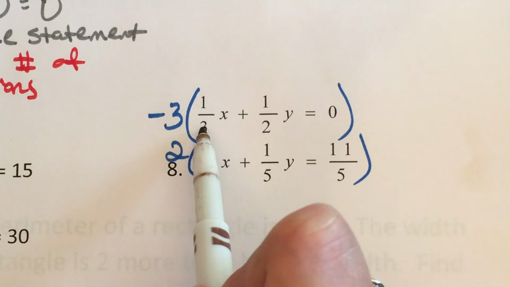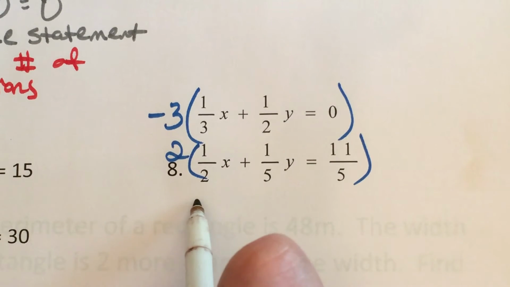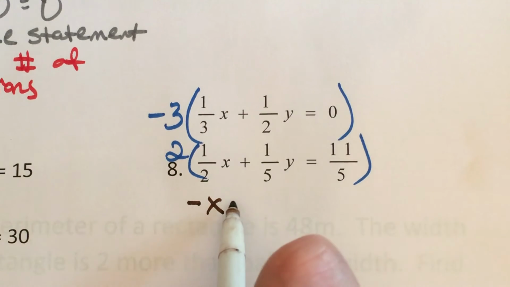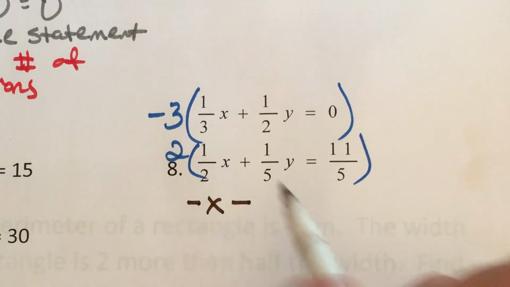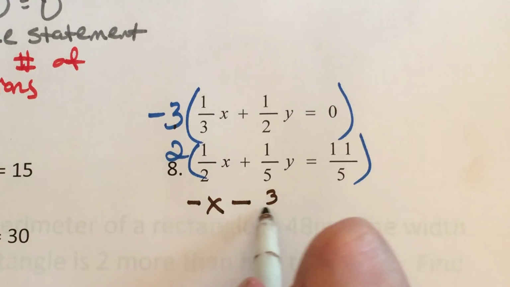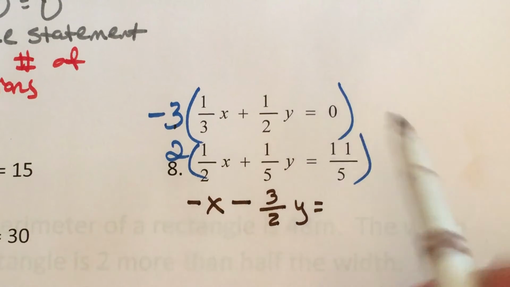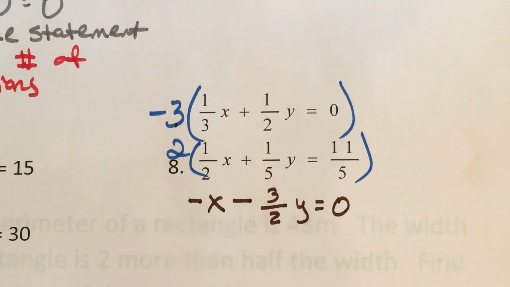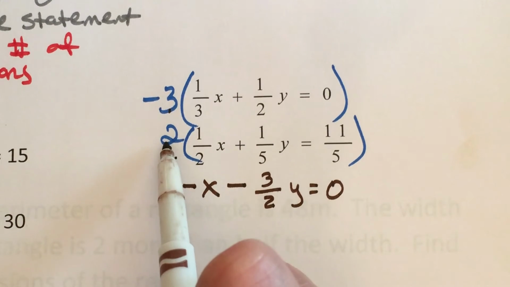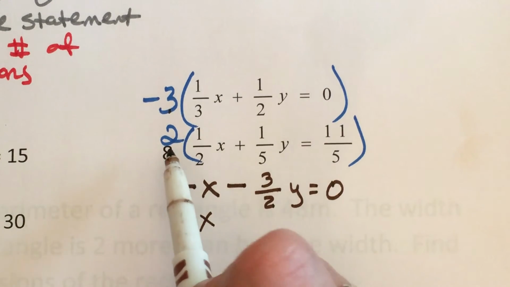Negative 3 times 1/3. It's just 3 divided by 3, so it's negative x. A negative times a positive is a negative. 3 times a half is 3/2 y. And then negative 3 times 0, it's just 0. Let's check out the second one. 2 times a half is positive 1x.